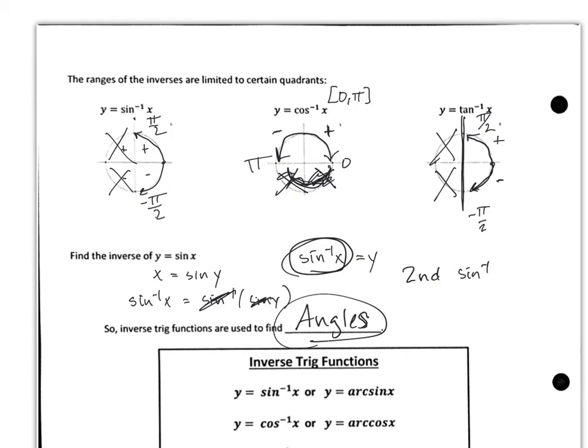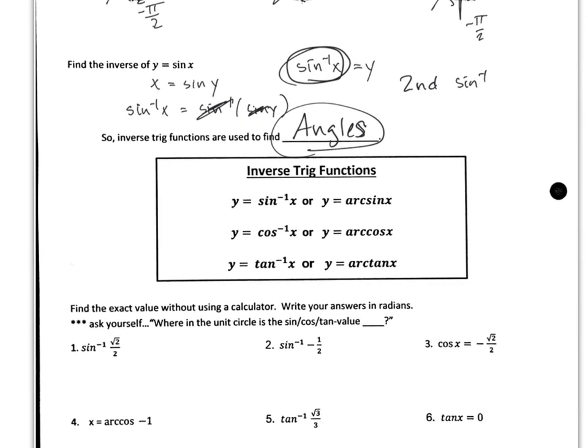Also in this box, you can see we have other names. Sometimes they use this little ARC prefix instead of the -1 power. It means the exact same thing. It means basically find the angle. So you'll see both used equally. So underneath here, let's actually go to the unit circle. If you have a unit circle to look at, that might be helpful.